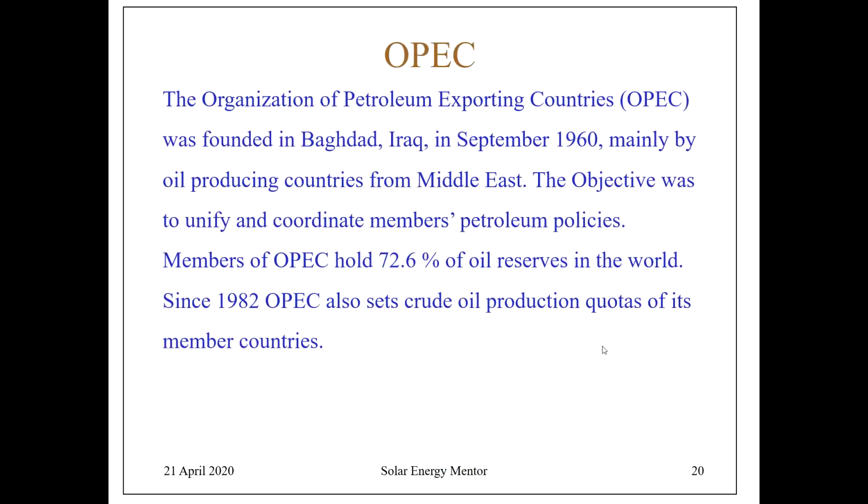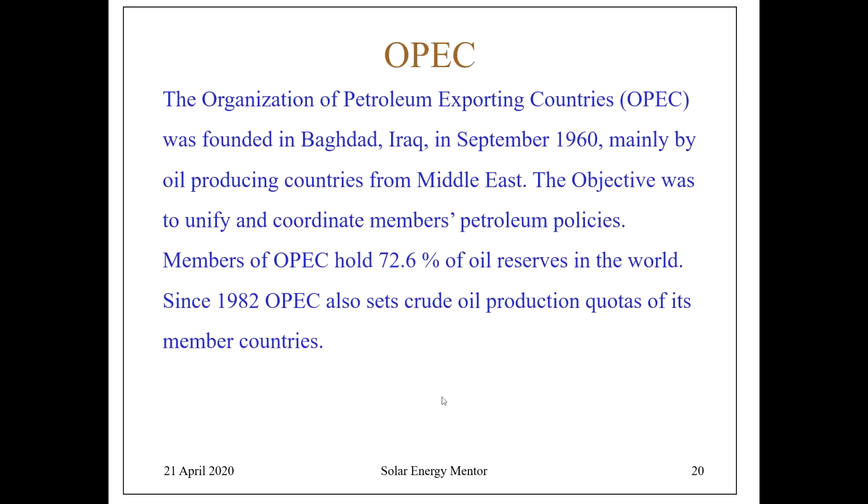As regards management of oil export and import, the Organization of Petroleum Exporting Countries, OPEC, is very famous. OPEC was founded in Baghdad, Iraq, in September 1960. This OPEC is formed by oil producing countries from the Middle East. The objective behind formation of OPEC was to unify and coordinate members' petroleum policies.